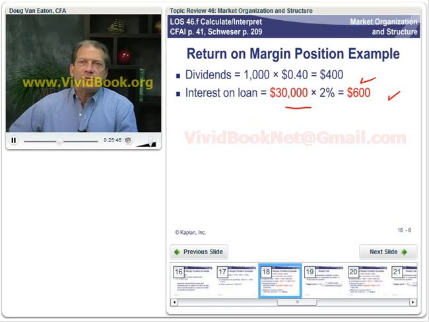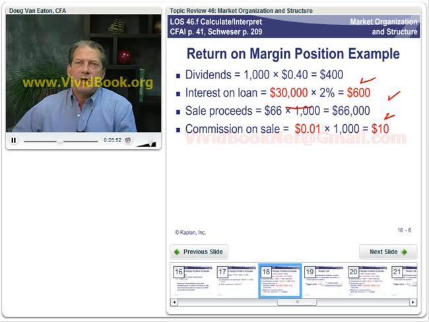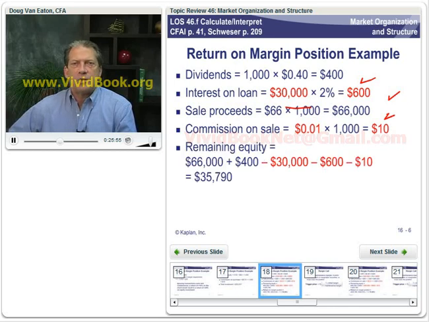Our sales proceeds, $66,000, so we just need to put all these numbers together and account for our $10 sales commission, not a big part of this transaction. So our remaining equity, we get $66,000 for the stock, we got $400 in dividends, we have to pay back our loan, we've got to pay that loan interest, and we've got to pay our sale commission.